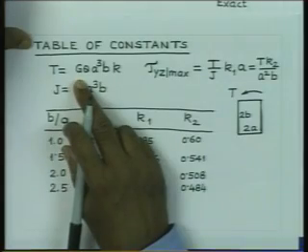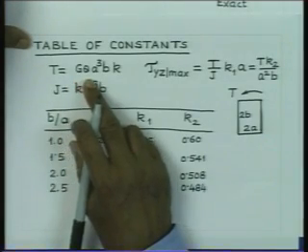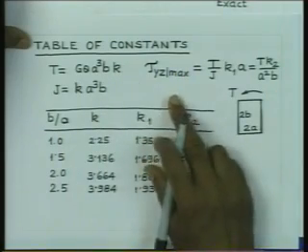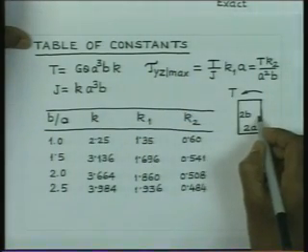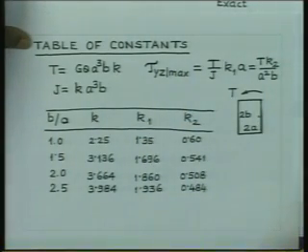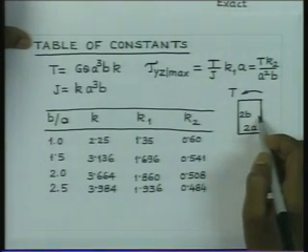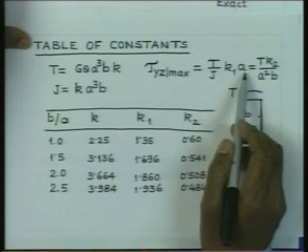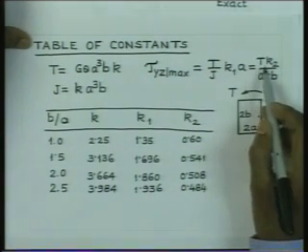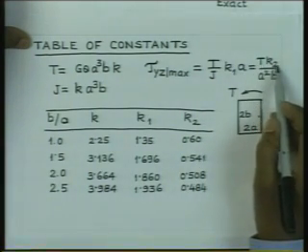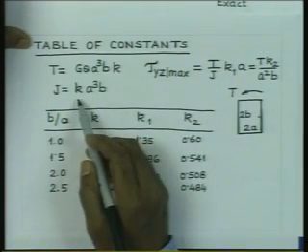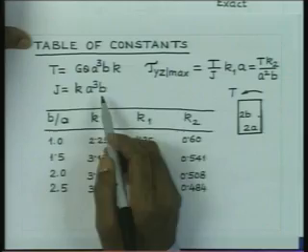Here T is expressed in the form G theta a cube b into a constant k. Similarly, the stress at this point, which is nothing but tau yz stress, and it is really the maximum stress there, can be written as T by J into k1 into a, and that is sometimes written as T into another constant k2 by a square b, and this J is given in the form k a cube b.